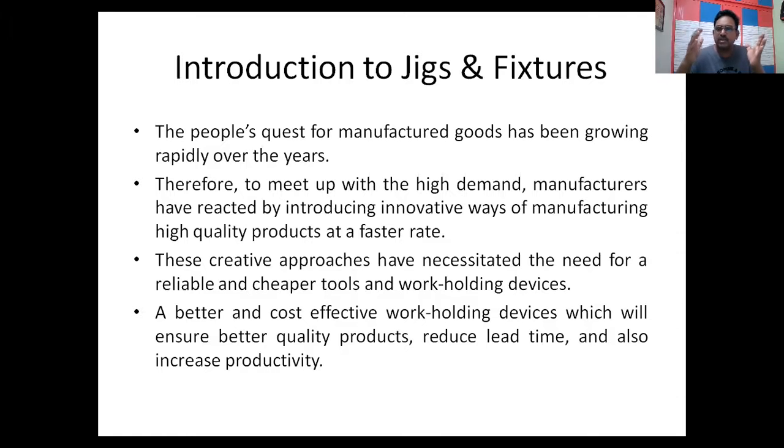That means machine setup time, workpiece setup time, all the arrangements, tool arrangements, and all these things. This is non-productive time. If we reduce the non-productive time, then we can increase the productivity, because we can spend this time on production. Therefore, better and cost-effective work holding devices ensure better quality products, reduce lead time and also increase productivity.